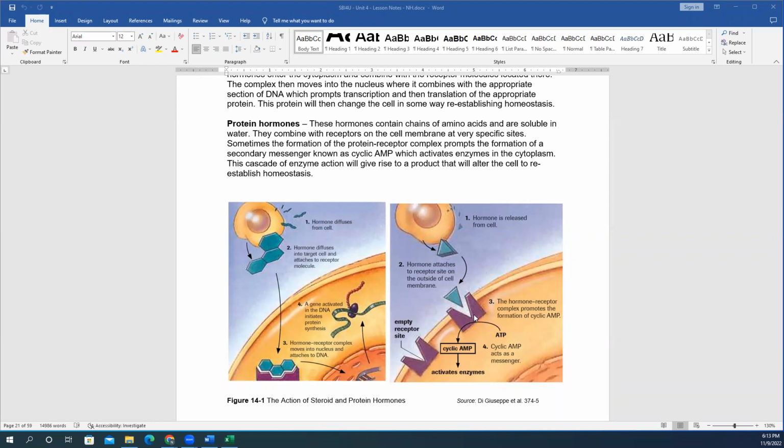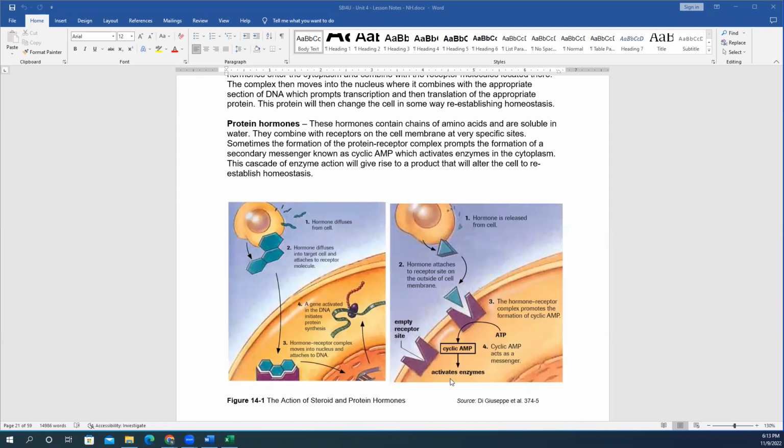So once the hormone binds to its receptor, this hormone receptor complex then promotes the formation of cyclic AMP, which is a secondary messenger that then goes on to activate various other enzymes in the cytoplasm.